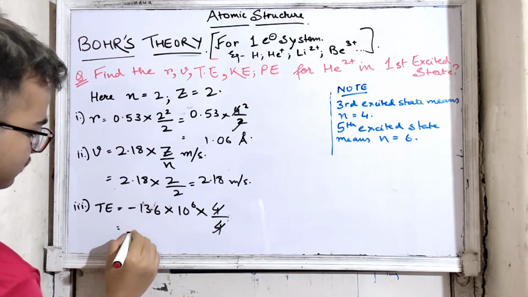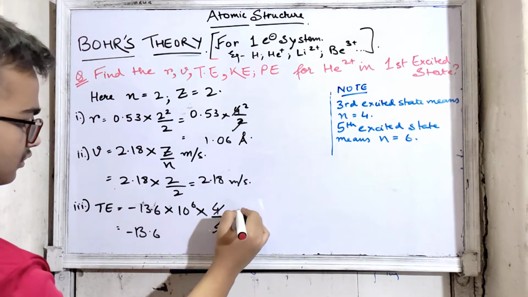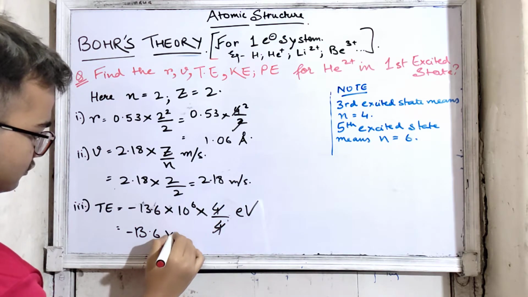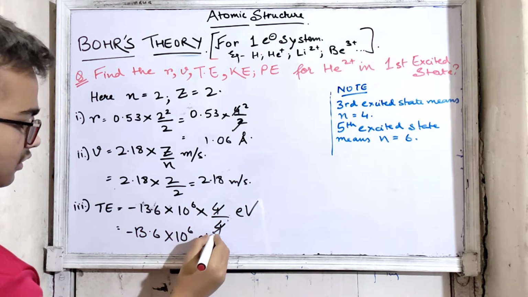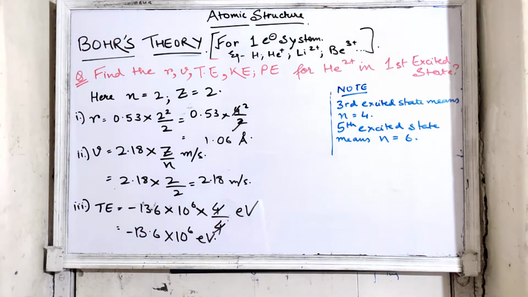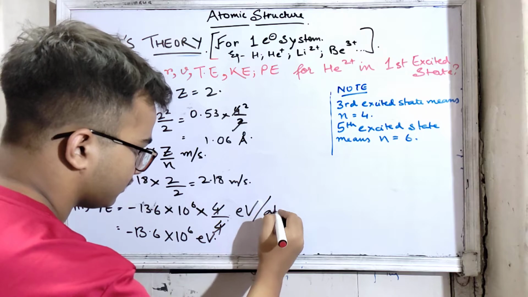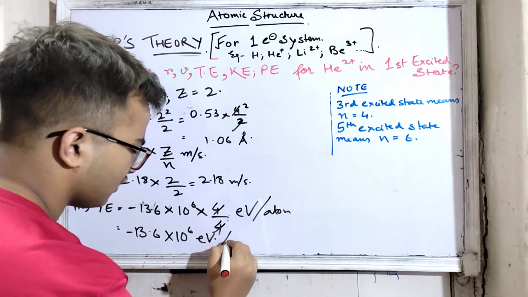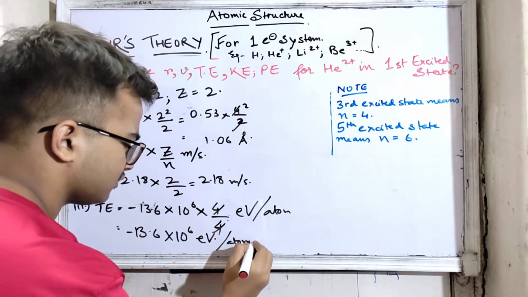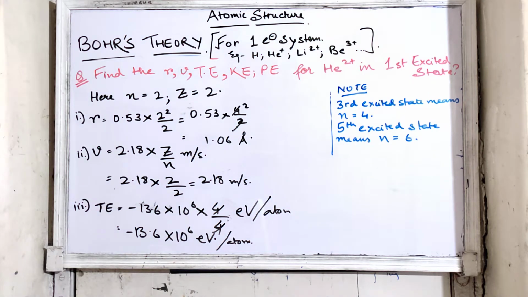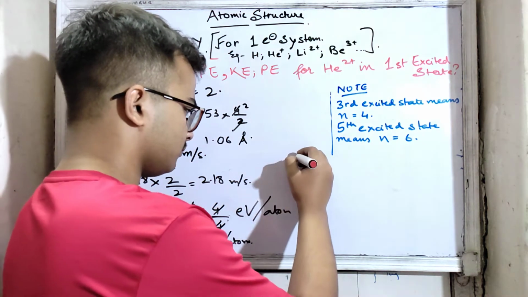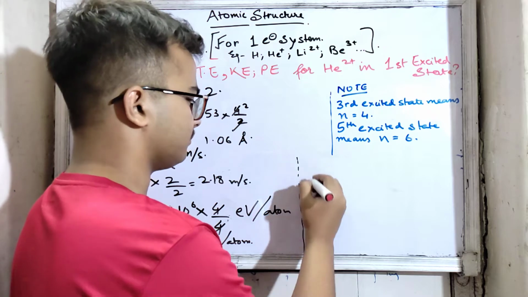So total energy equal to minus 13.6 into 10 to the power 6 electron volt per atom. Since a single atom is given, it is needless to mention, but better to be on the safe side and mention the unit completely.